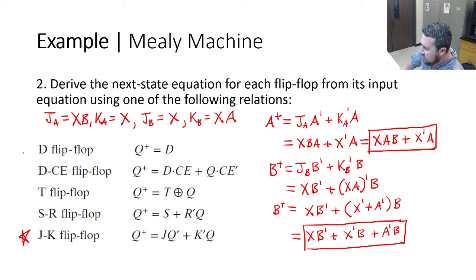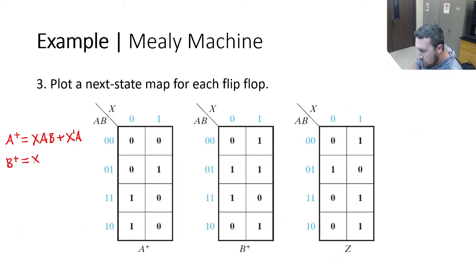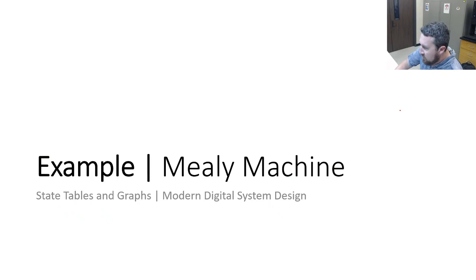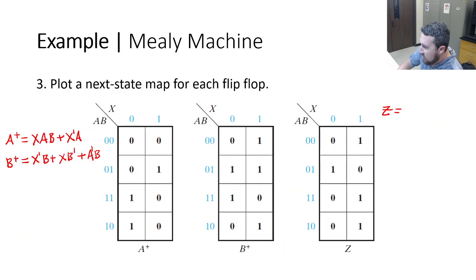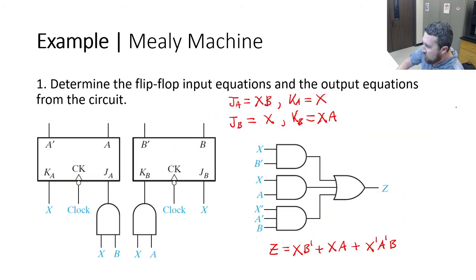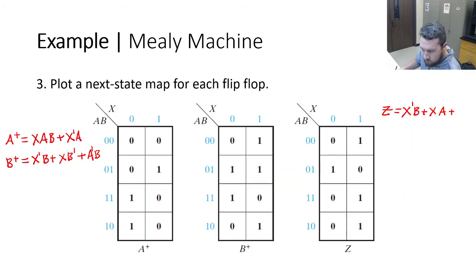B plus is equal to X prime B, or X B prime, or A prime B. And then I've got an equation here for Z, which was, gotta go way back, X prime B, XA, or X prime A prime B.